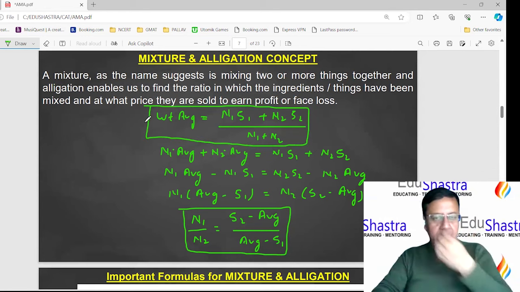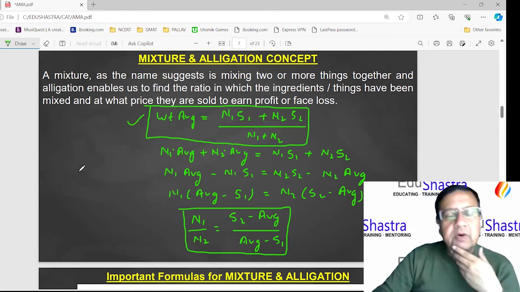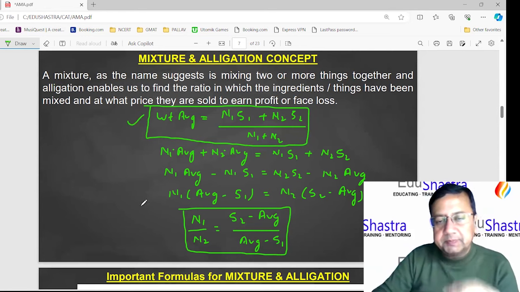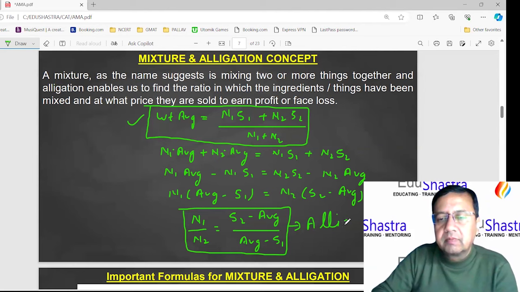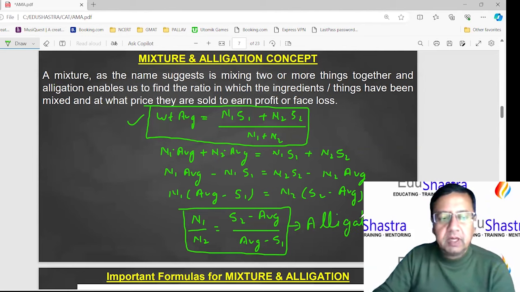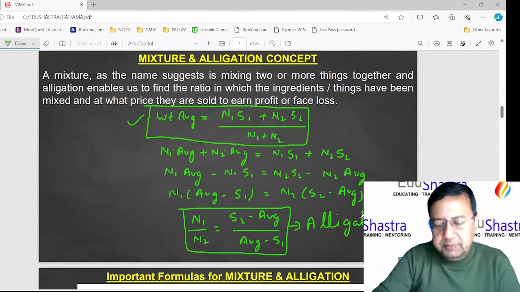Now, the first one we are calling the weighted average. And the second one, we are calling this what? Alligation.